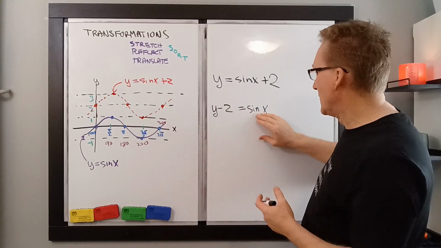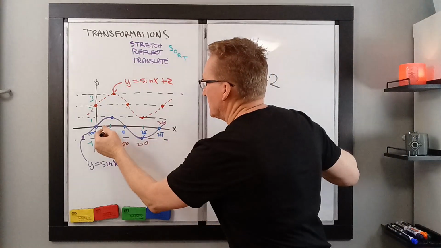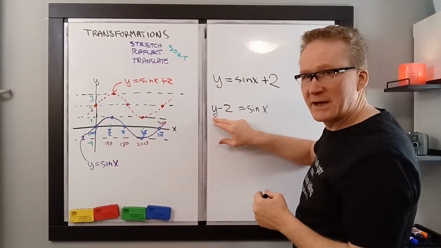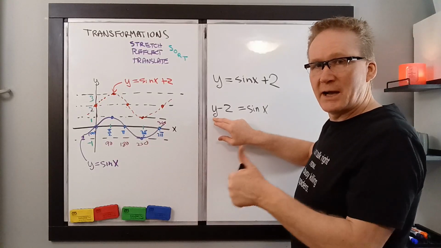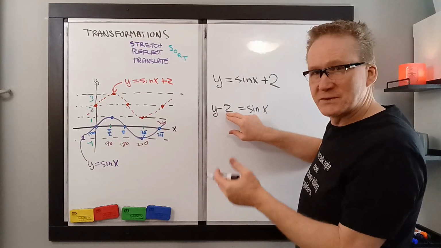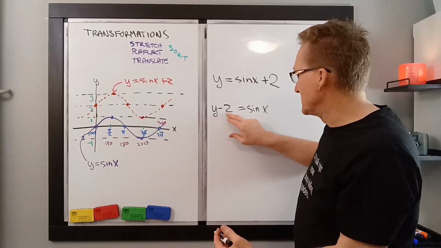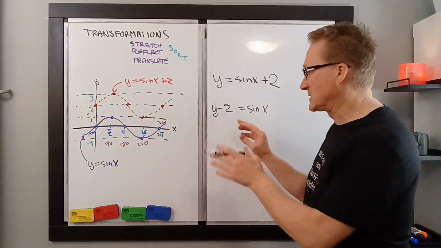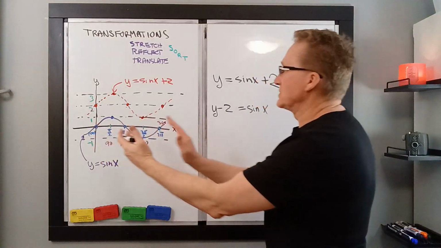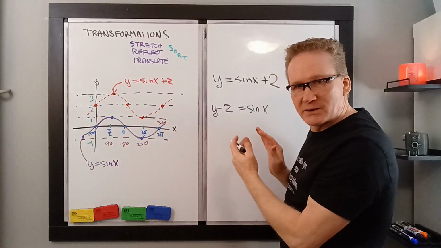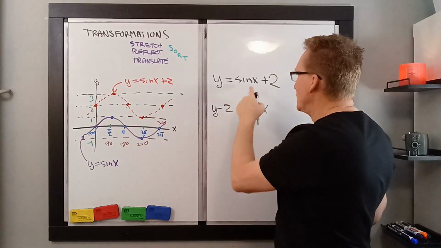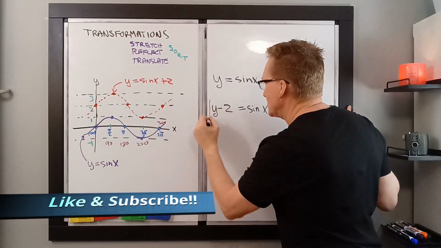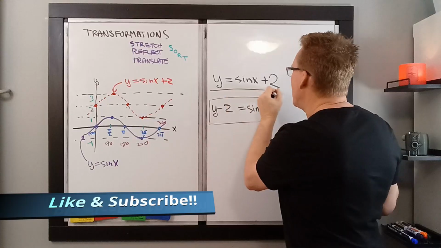Because whatever the value of x you put in here, let's say you put in pi over 2, you're going to have to find a value for y that's 2 higher than it would be before, because it's going to be reduced by 2 by this here. So putting it on that side is a little bit more complicated, but this is going to help us, because when we do the translations in the horizontal direction, we're actually going to have those things tied in directly with the x. So just by seeing this here, seeing we can write it like this, or we can write it like this.